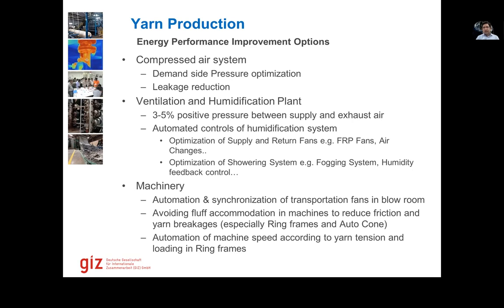So it's better that we do not touch the process unless we have a real process expert with us who knows how to set machine parameters. There are obviously options of optimizing machine parameters as well. One option that I've shown you here, for example, is optimizing machine speed and optimizing the exhaust and cleaning processes. The biggest savings can be achieved from the compressed air system and the humidification and ventilation plant.